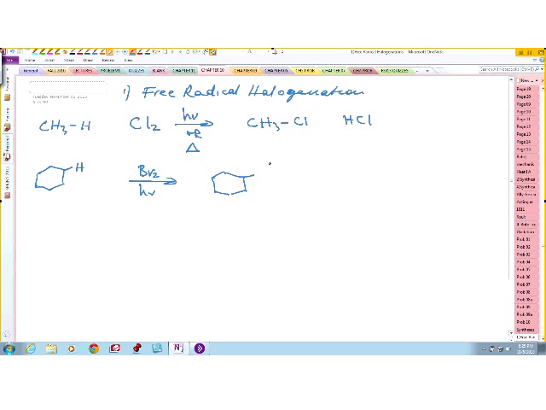As long as you have a hydrogen attached to an sp3 carbon, this hydrogen here will be the reactive hydrogen.